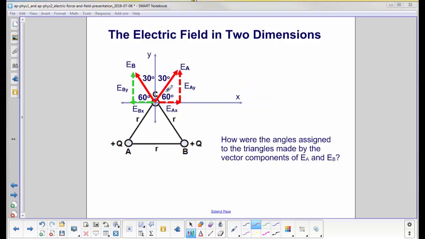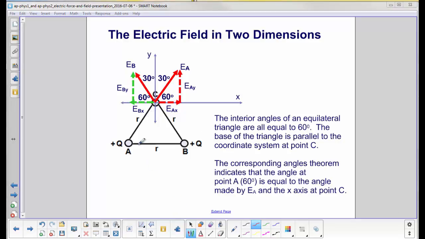This picture indicates that this angle here is 60 degrees. How did we do that? And also, this angle is 60 degrees. Since this triangle that we made from the 2 charges and point C where we want to find the electric field is an equilateral triangle, you can see how all the distances are the same, this angle here has to be 60 degrees.